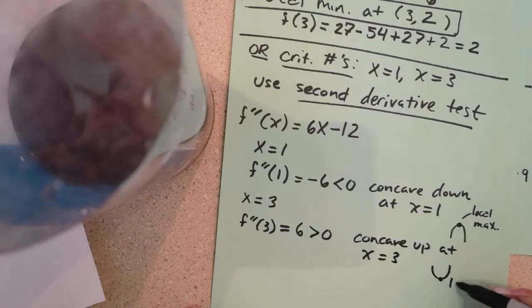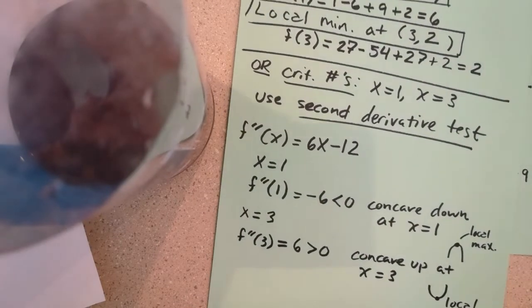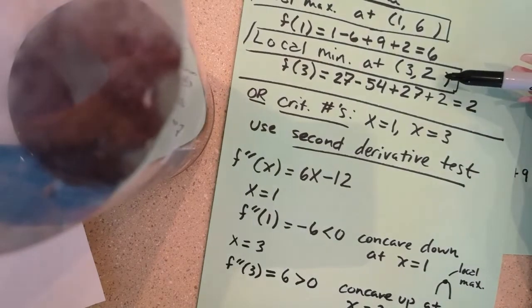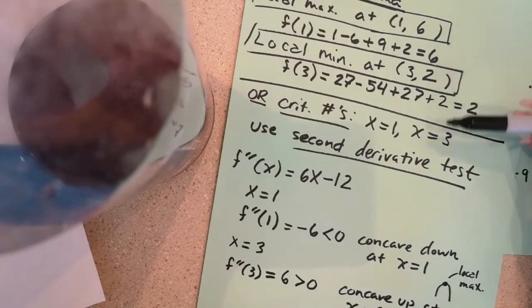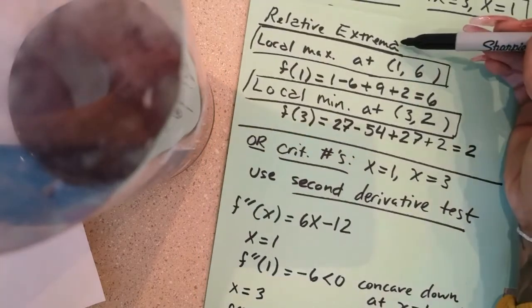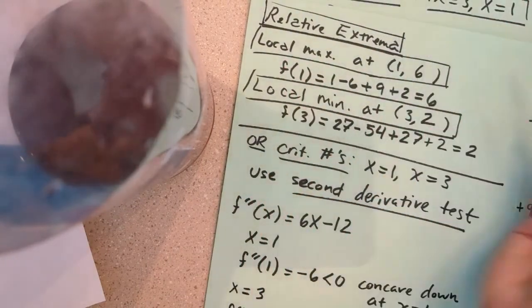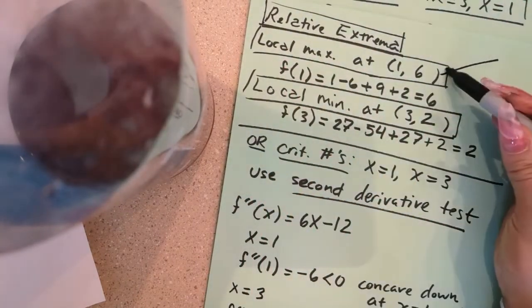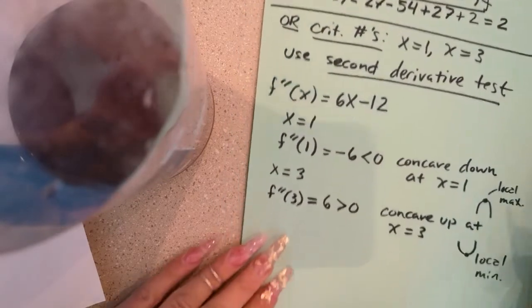So I guess that one would have to be a local min. So is that what we concluded? Yes. So I could use either the first derivative test or the second derivative test as far as finding relative or local extrema. So in any case, that part's done. We've got our local max, our local min.